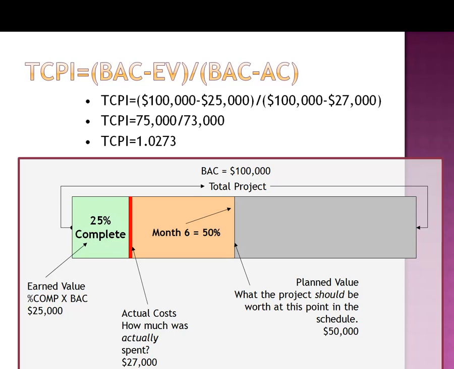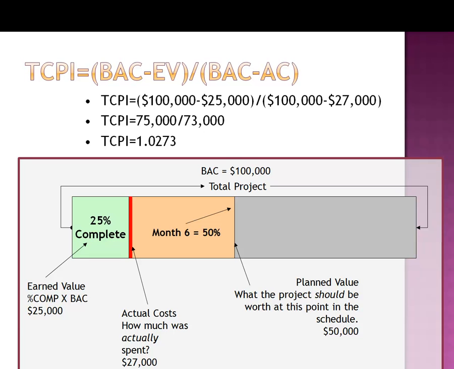So our formula is the budget at completion minus earned value divided by budget at completion minus actual cost. So in this example, we have 75,000 divided by 73,000 for 1.0273, which means it's unlikely that we're going to hit our current budget at completion because we are over 1.